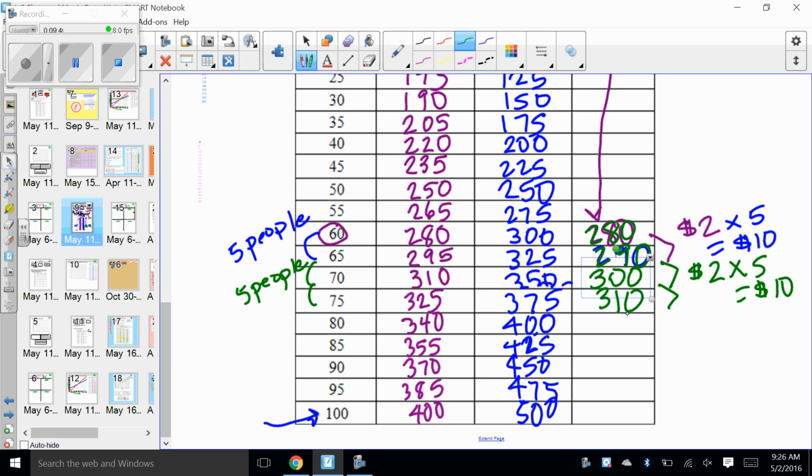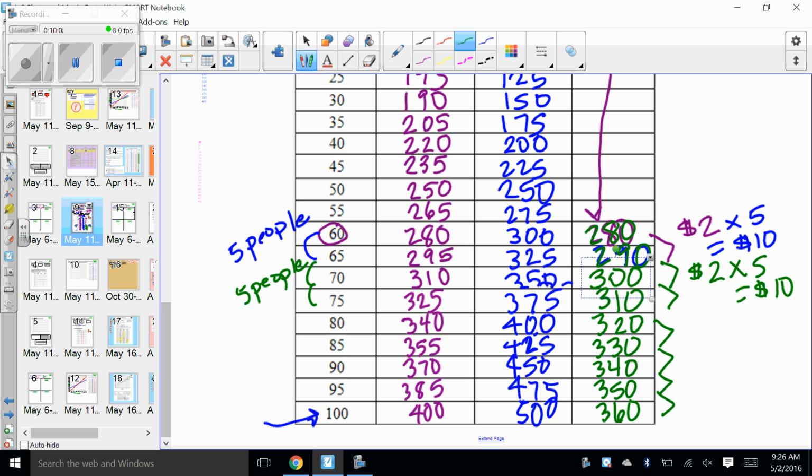So we're increasing by $10, $2 per person for 5 people in each of the increments. So then it's $320. That's $330. That's $340. That's $350. And then it's $360, because each one of these is $2 for every 5 people, and each jump is 5 people.